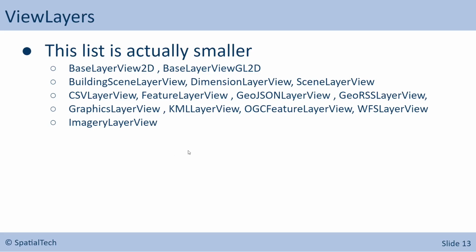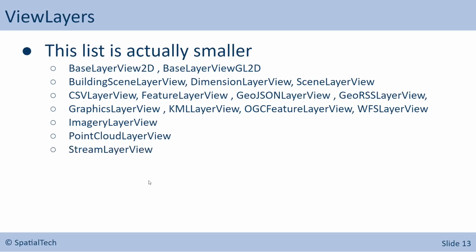There's something that you want to do on the client side, and it might be way faster to do on the client side than to go back to the server and pull a bunch more data in. And point cloud layer view. What if you want to change how they're symbolized real quickly instead of pulling the data, especially billions of points, from the server again? Just deal with the ones that you have locally.